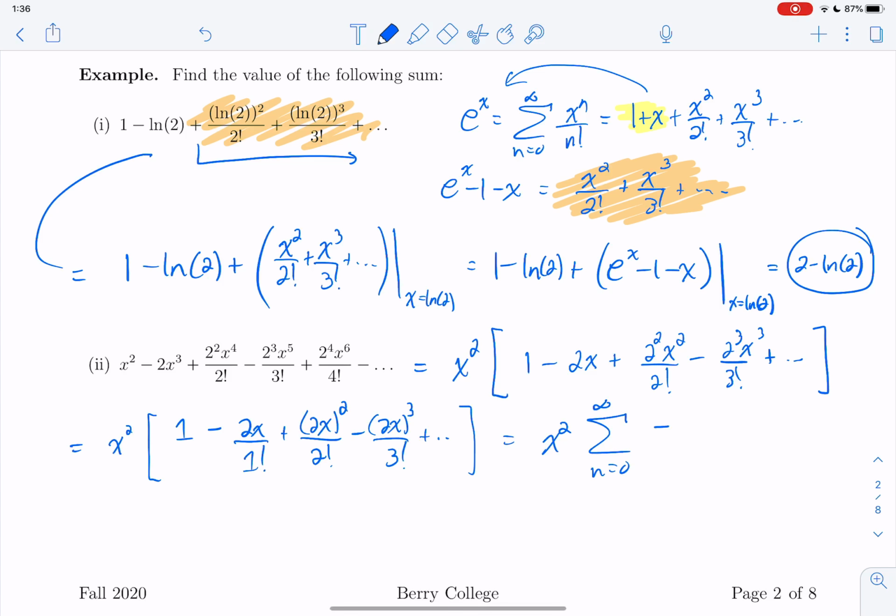Well, we need an alternating component, and we have powers of 2x here over n factorial. But we recognize that this sum is just e to the x evaluated at negative 2x. So this is just going to be x squared e to the negative 2x. And that's our final answer there.